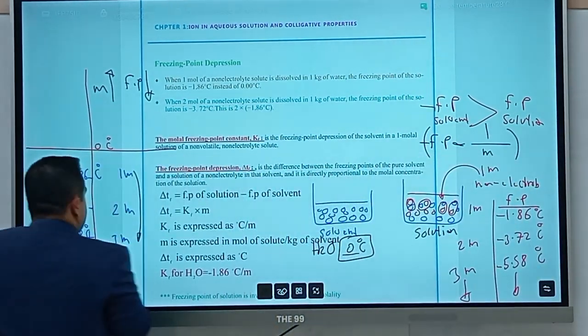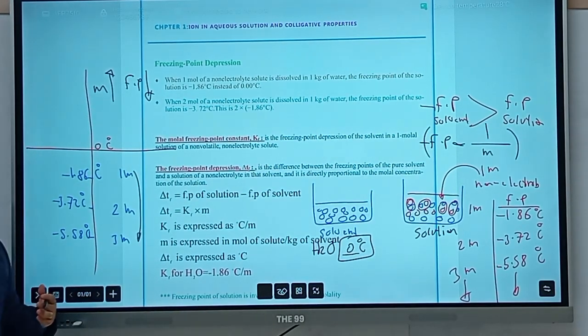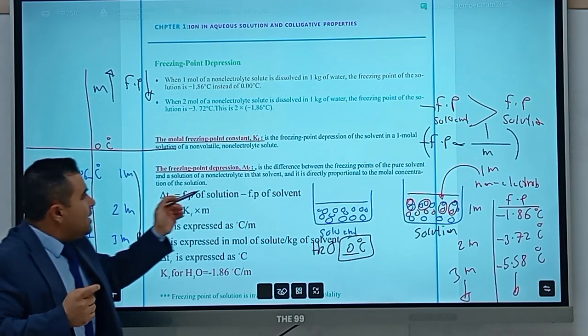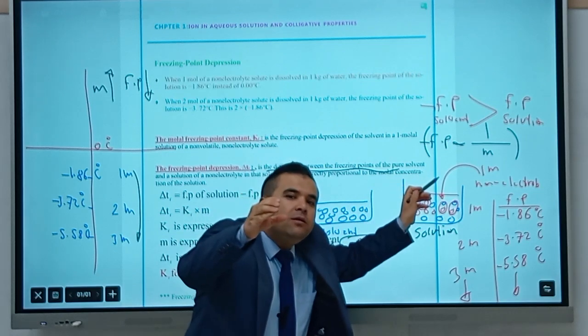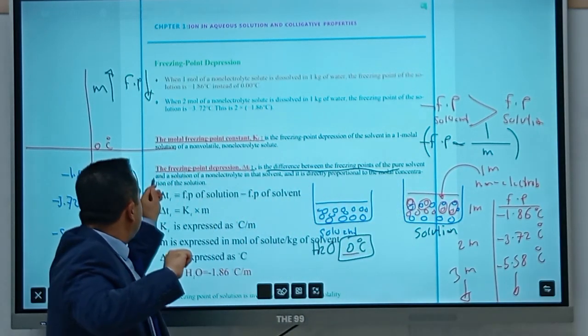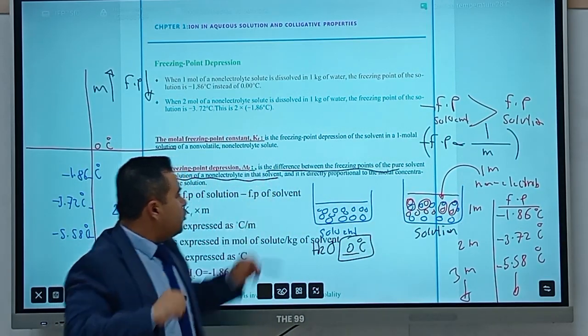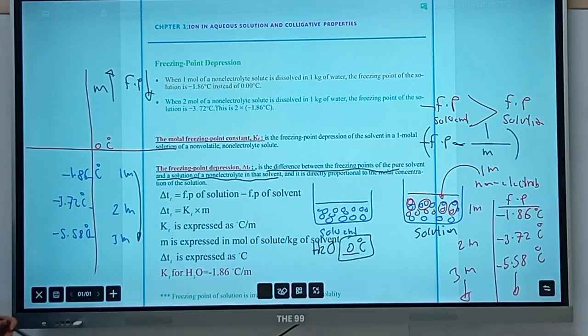But we have another term, as we had in vapor pressure and vapor pressure lowering. Here we have freezing point depression. What do we mean by freezing point depression, guys? Freezing point depression is the difference between the freezing point of the pure solvent and its solution, the solution of the non-electrolyte that contains a non-volatile solute.